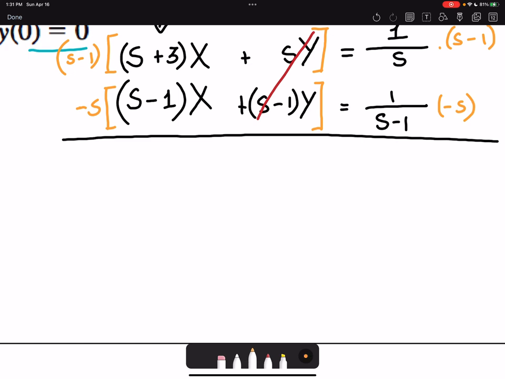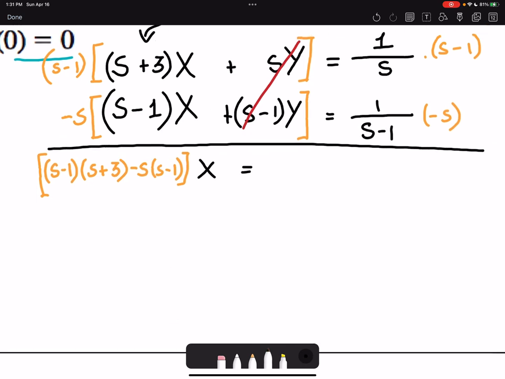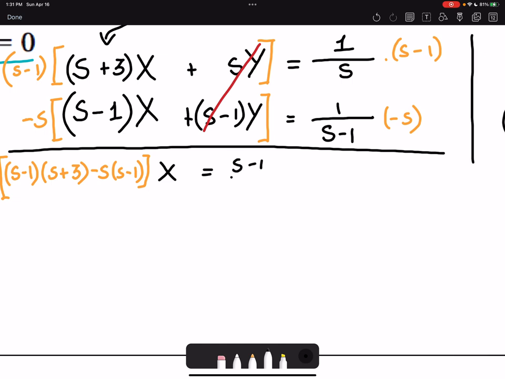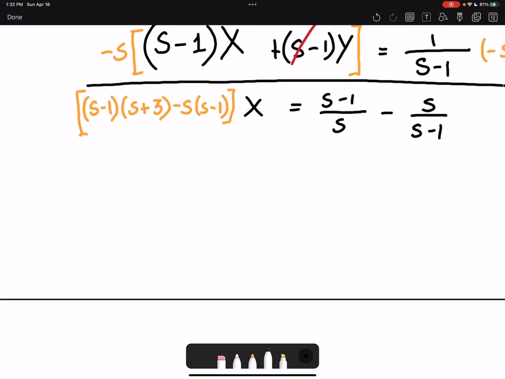And then here we're going to have s minus 1 times s plus 3 minus s times s minus 1, all of it times big X. And then here we're going to have s minus 1 over s minus s over s minus 1.